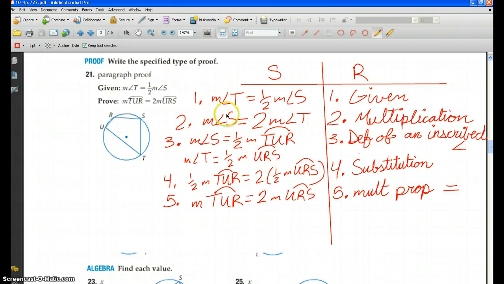I also want to state, based off of the definition of inscribed angles, what the measure of angle S and the measure of angle T are equal to. So the measure of angle S would be half of its intercepted arc, which is TUR, and angle T is half of its intercepted arc, which is URS.